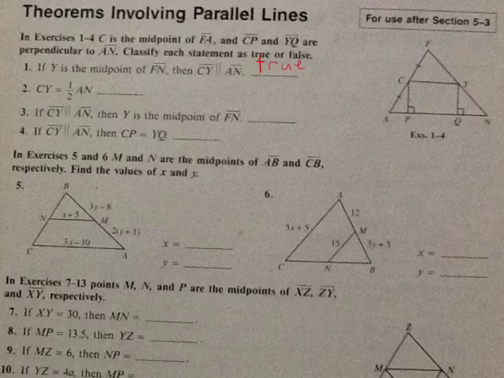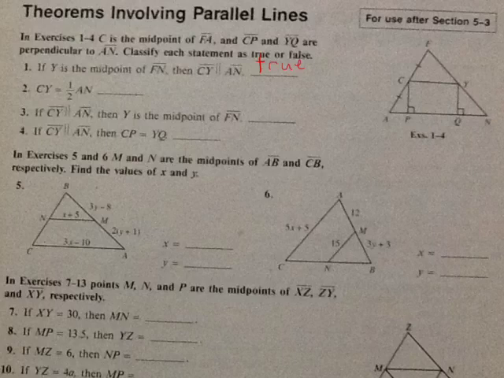Question number 2 says that CY is equal to 1/2 AN, and we are told to see if this is a true or a false statement. CY is this segment right here, and AN is this segment right here.